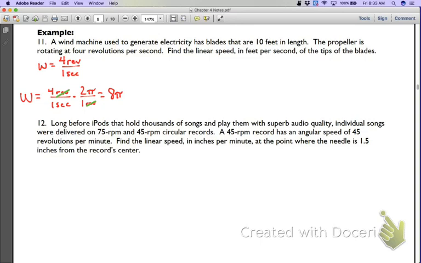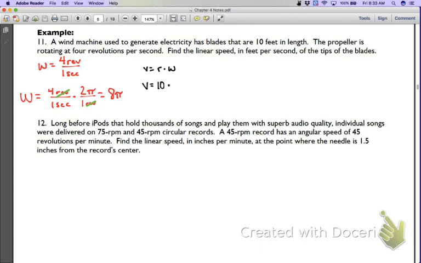So from there, to find the linear speed, I need to take v equal to r times omega. Well, what's the radius of my wind machine, my giant fan? 10.